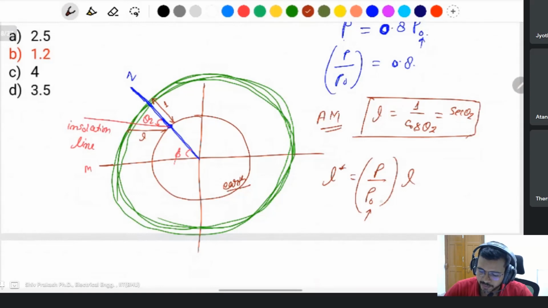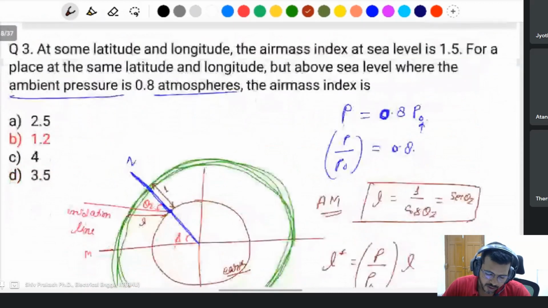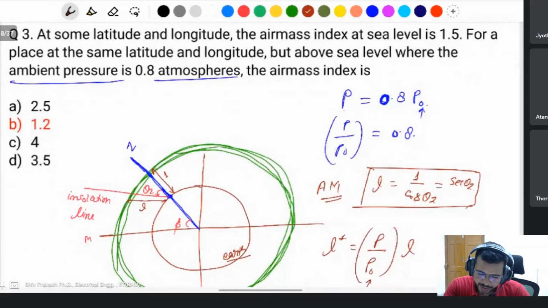This will also be affected by the pressure. Then the question: at some latitude and longitude, the air mass index at sea level is 1.5.